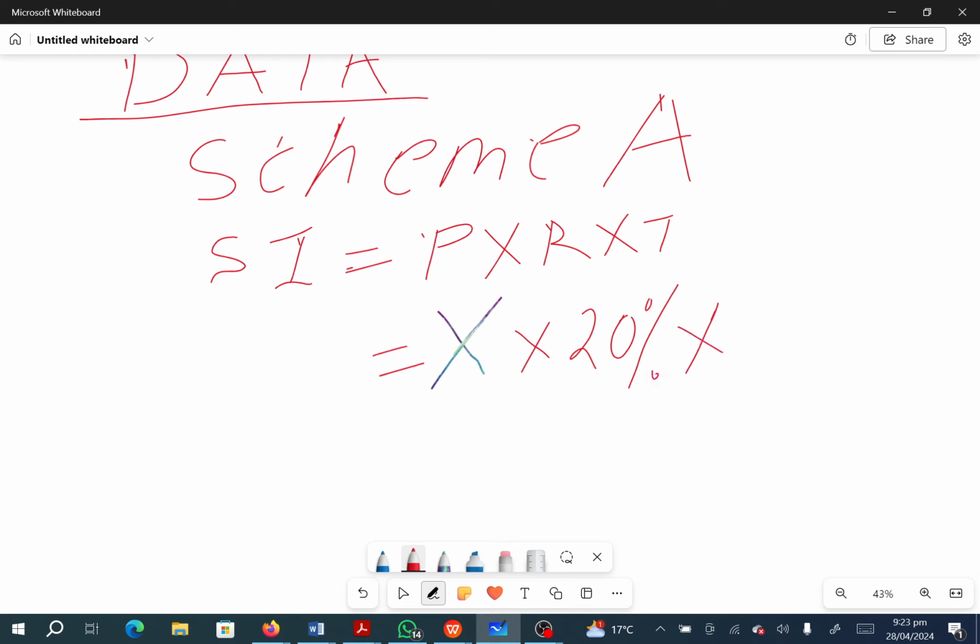Then our time for this whole period of the investment was 1 year. Then we say simple interest for scheme A, so we'll put a small a here.